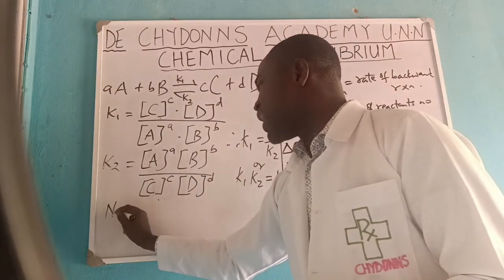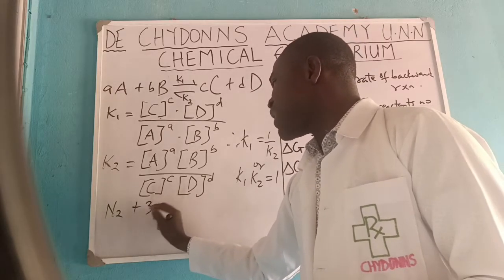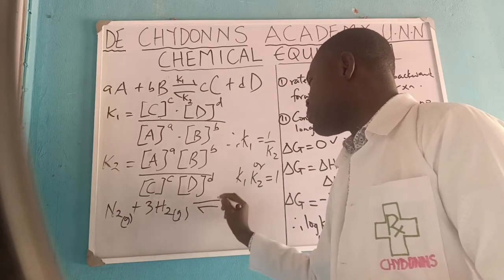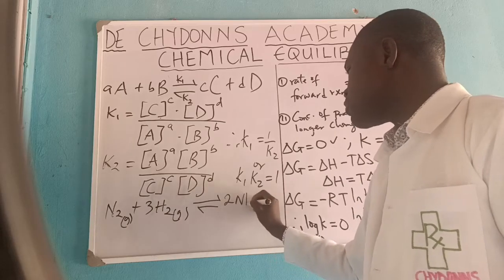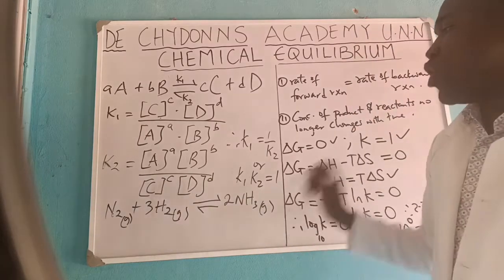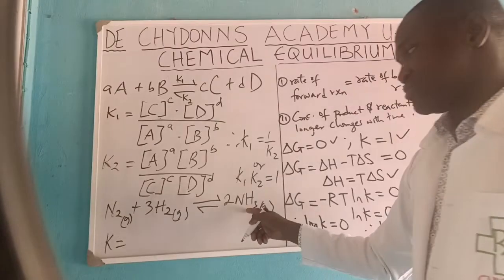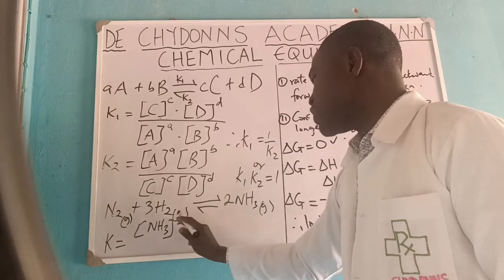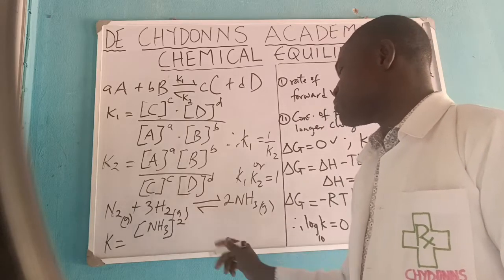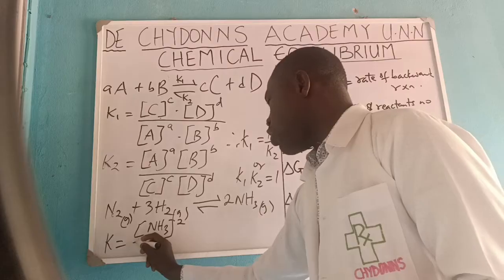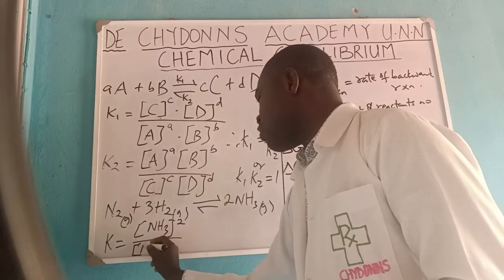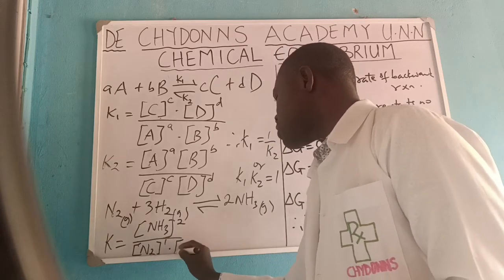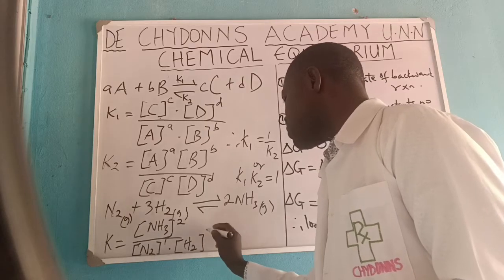When you have this reaction, this is in gas, this is in gas, to produce 2 in gas, your equilibrium constant K is the concentration of the product raised to the power of the number of moles, which is 2, all over the concentration of the reactant raised to the power of 1, times the concentration of the reactant raised to the power of 3.